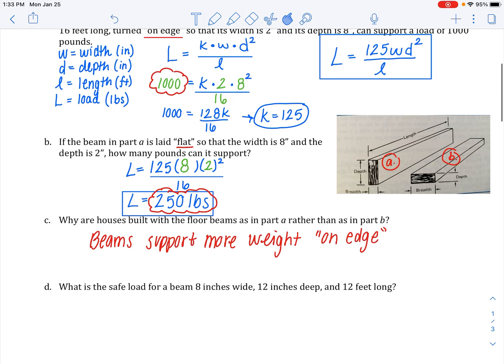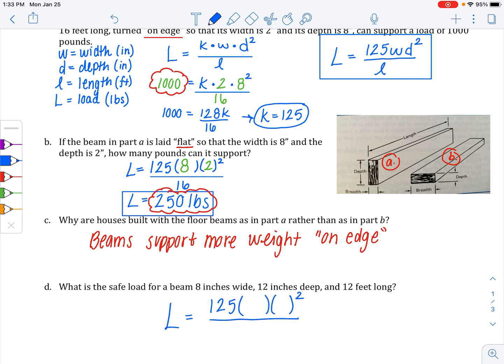Part D, what is the safe load for the beam? 8 inches wide, 12 inches deep, and 12 feet long. Well, let's take our equation and just plug in those new values. So L is going to equal, we know our 125, our width, our depth squared over our length.